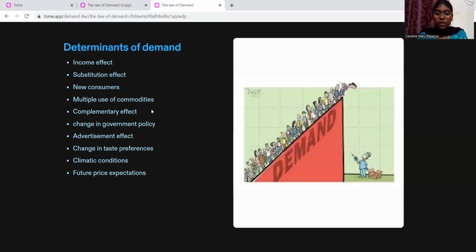And future price expectations: for example, if there is a pandemic or any situation where people come to know that a particular product that is necessary won't be available for the next two weeks, people will try to buy it before it becomes unavailable. In that way, the demand will increase for the particular product.